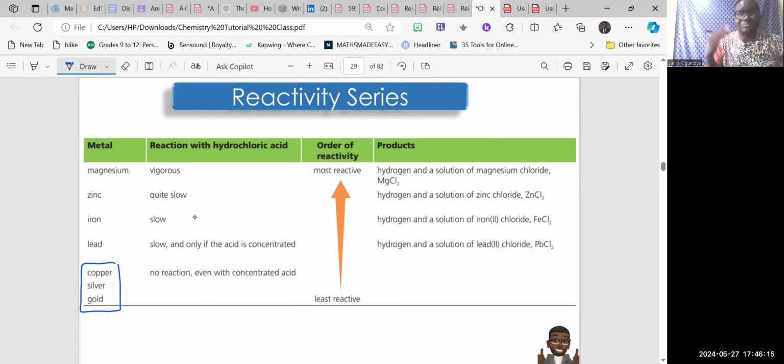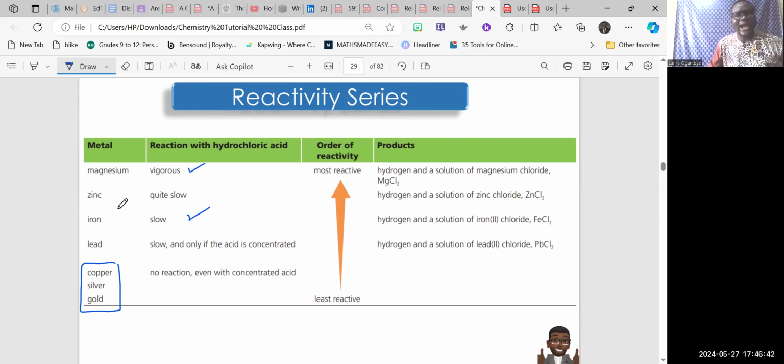Reactivity simply means the speed with which they react, the manner in which they react, right? For example, you will not compare the way magnesium reacts with acid with the way iron reacts with acid. Magnesium will be faster than iron, and that means it's going to form more bubbles per time. It's going to produce a greater volume of hydrogen per time compared to iron.